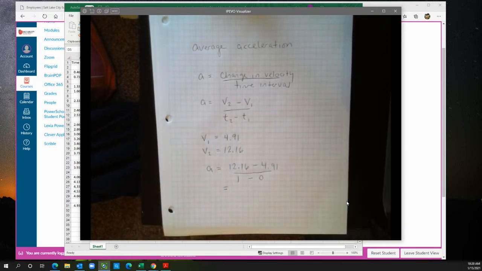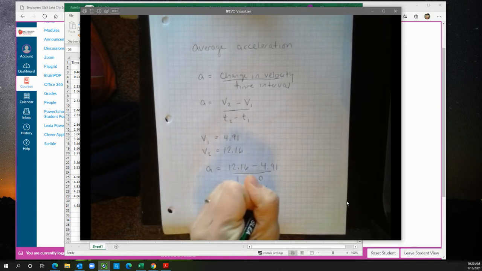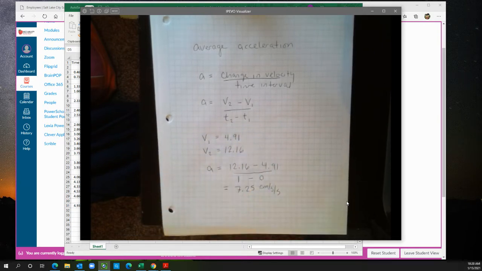So acceleration is equal to 12.16 minus 4.91 divided by 1 second. So 7.25 centimeters per second squared.